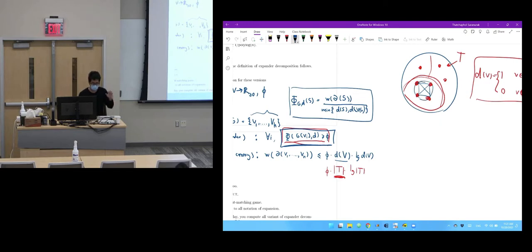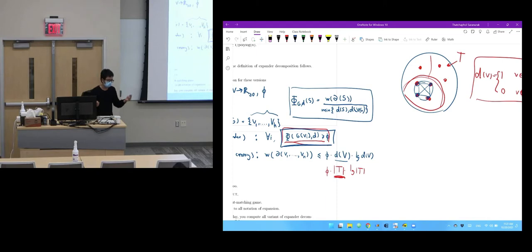You can embed an expander where the nodes are the terminals in this part, into this part. Say it again. What is the congestion? The congestion would be 1/5.